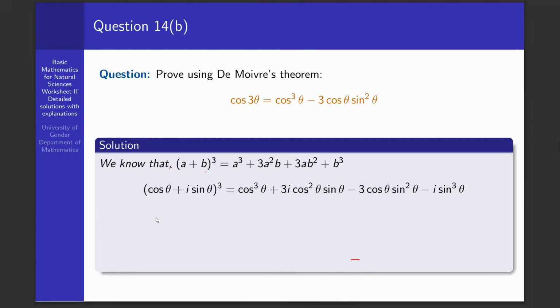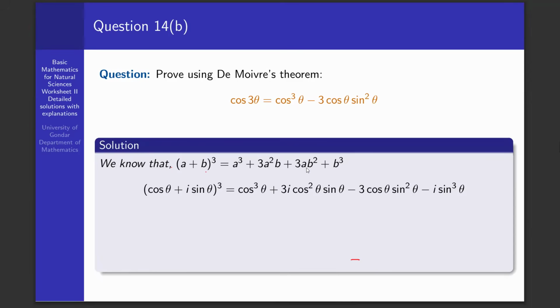So let us expand (cos theta plus i sin theta) to the power of 3. This is the cube of the first one, cos cubed theta, plus 3 times a squared, that's cos squared theta, multiplied by b, that's i sin theta, so 3i cos squared theta sin theta. Then minus, why minus here?